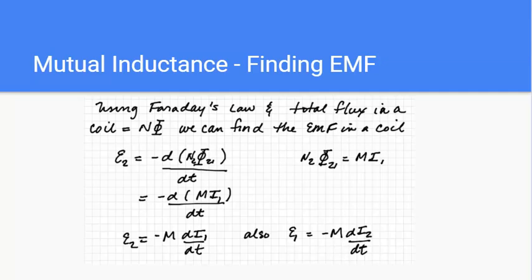And so you go through and work it, so you get the EMF in the second coil is the derivative with respect to time of N times phi, and then that is the mutual inductance times the current, and the mutual inductance is going to be a constant, so it comes out, and you end up with just the mutual inductance times the changing current with time.